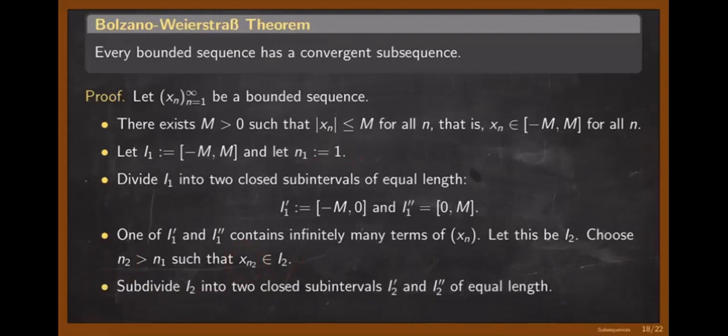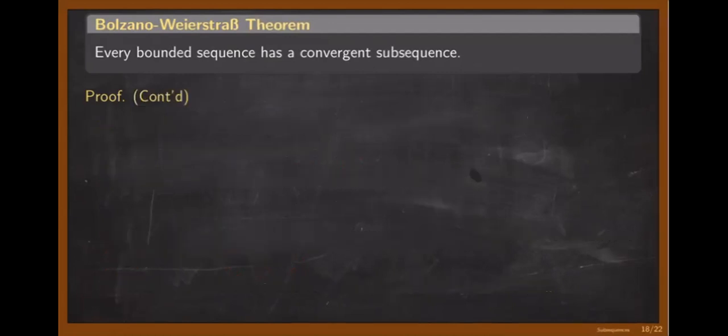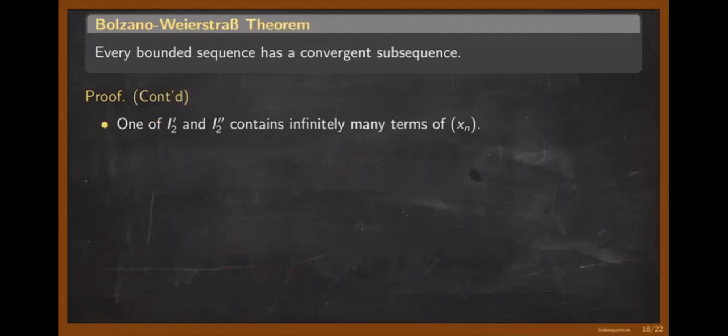This is now the second step. You divide the interval I2 again into two closed subintervals of equal length. We will call them I2 prime and I2 double prime. Again, I2 prime and I2 double prime will compete. What is the criterion to win? One of them, whichever contains infinitely many terms, wins. Now, it could be I2 prime is the winner, or I2 double prime is the winner, or they could both contain infinitely many terms.